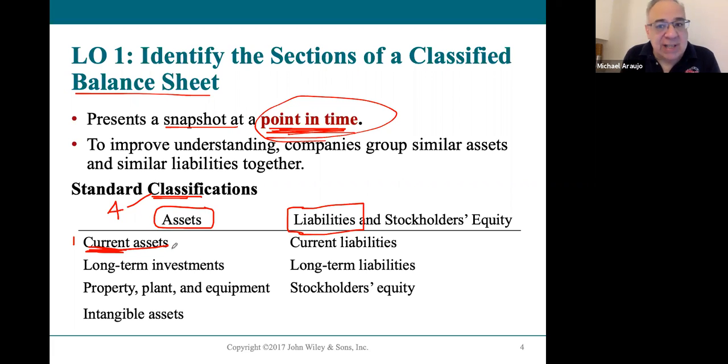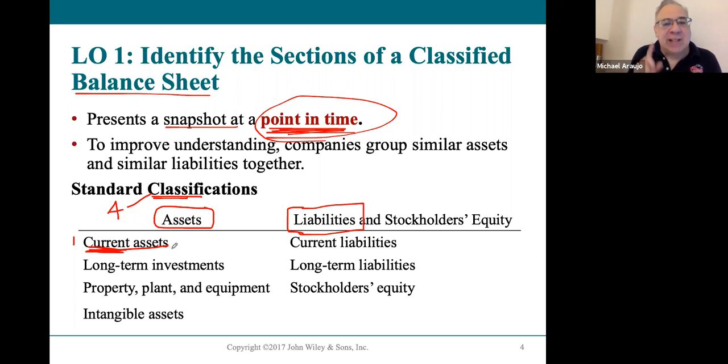Cash is a current asset. You've been introduced to accounts receivable. Accounts receivable is a current asset. You've been introduced to supplies. Supplies is classified as a current asset. And I think you've been introduced to prepaid insurance. Prepaid insurance is also classified as a current asset. And we're going to get into more detail on those in the next slide or two.